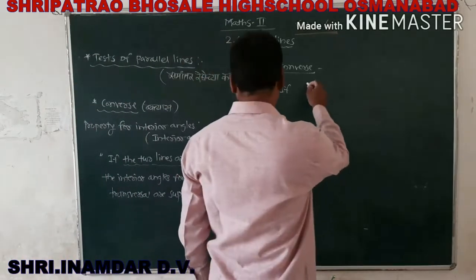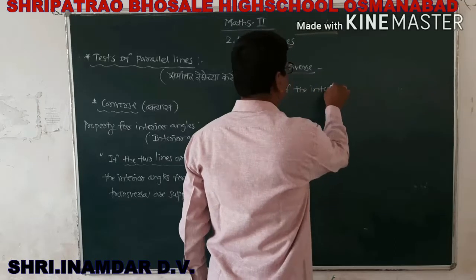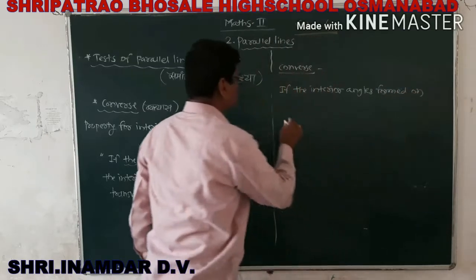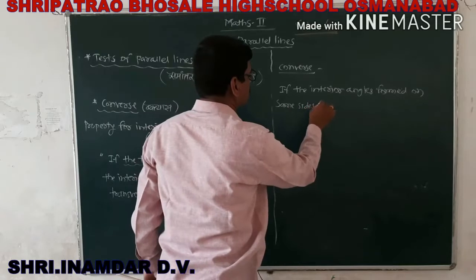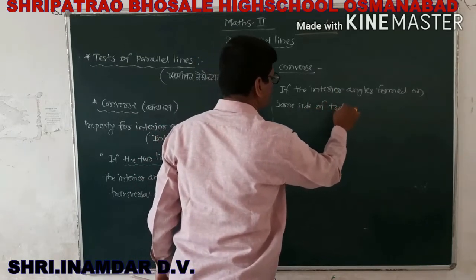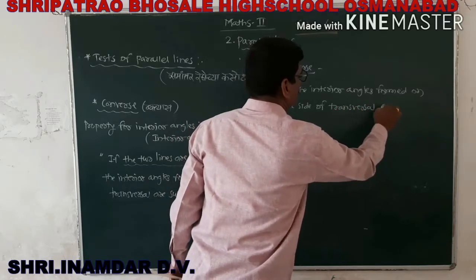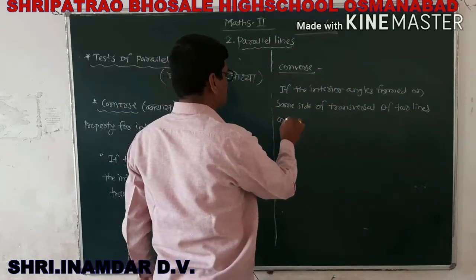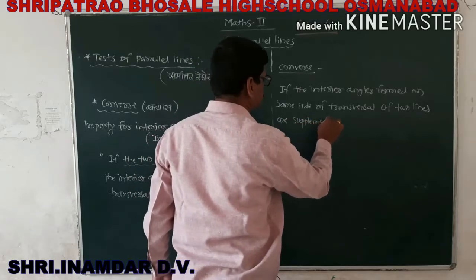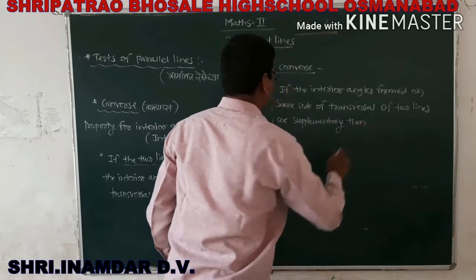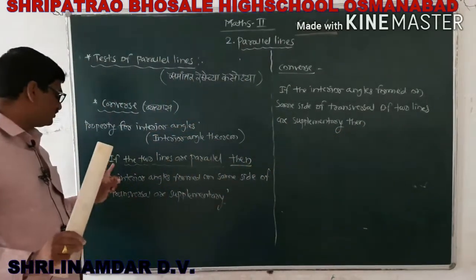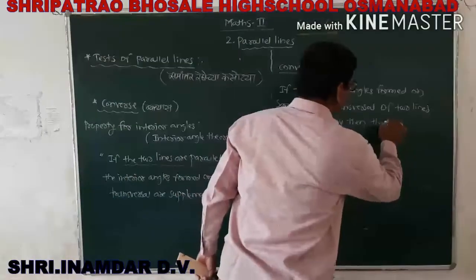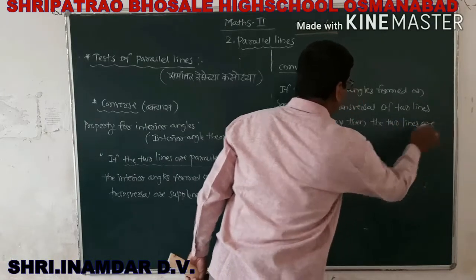So we write that if the interior angles formed on the same side of the transversal of the two lines are supplementary, then, after then, we write the statement that was after if: the two lines are parallel.